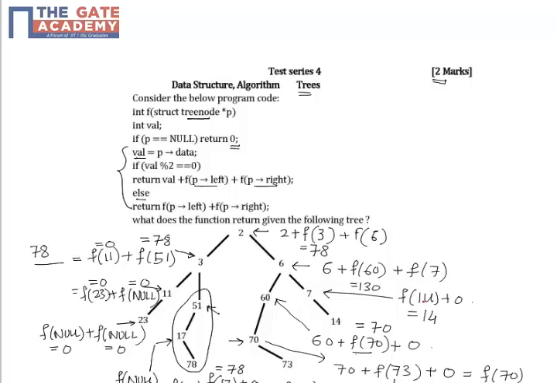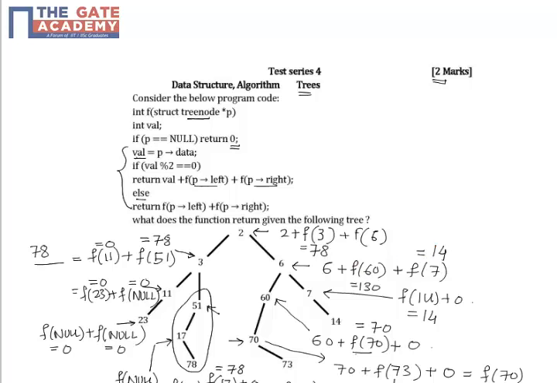But because it is a leaf node, there is no left subtree or right subtree, so the result of f of 14 is 14. So we will return this f of 14 here, which is 14.